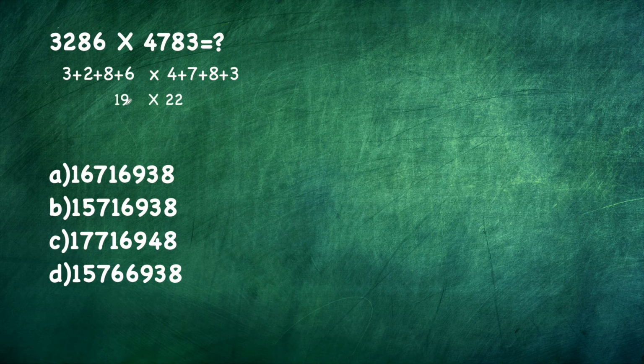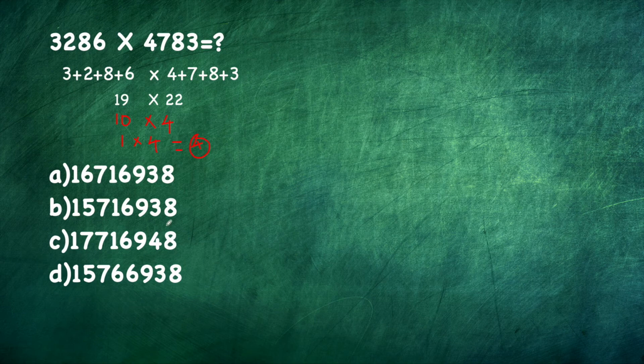So that is 19 into 22. Again 1 plus 9 is 10, into 2 plus 2 is 4. So again 1 plus 0, 1, into 4, which is equal to 4. So the digital sum for this question is 4.